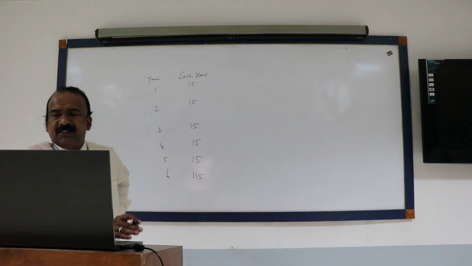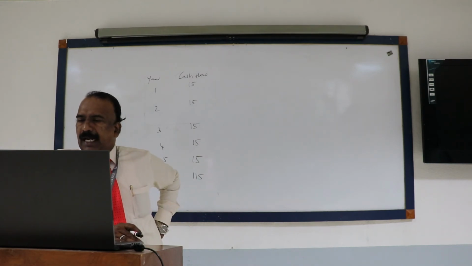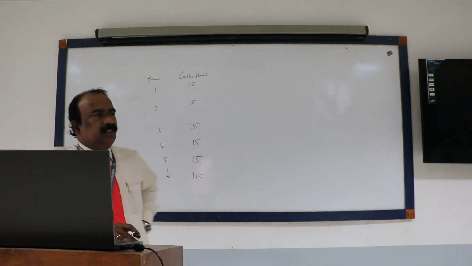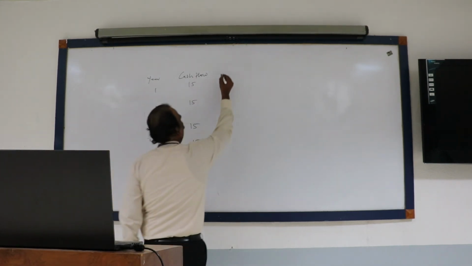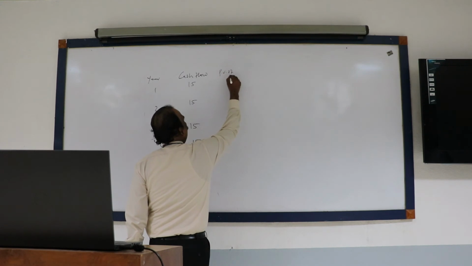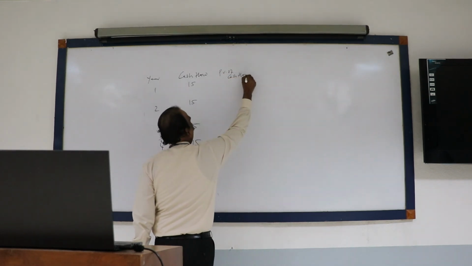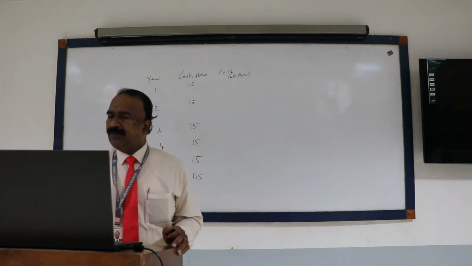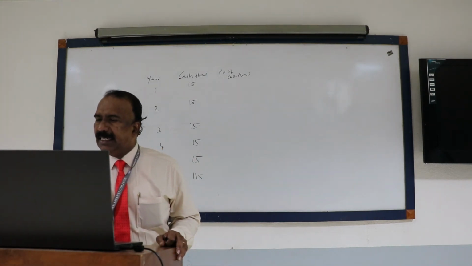Then calculate the present value of cash flow, as we have done for a bond price. 15 divided by the required rate of return of 18%, that's the yield, which is higher.